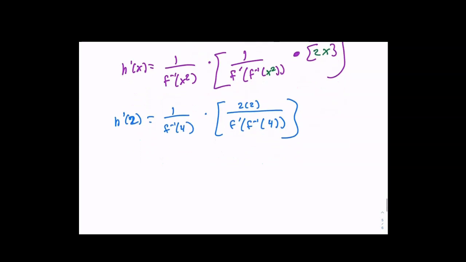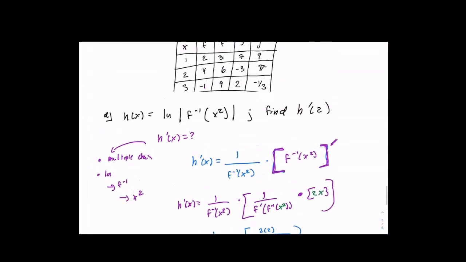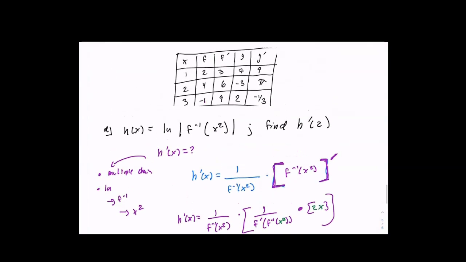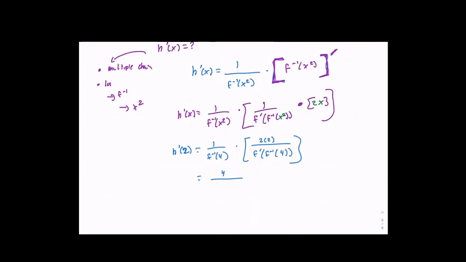Which gives me 4 over, well, what's the inverse f of 4? Yeah, 2. We already found that earlier.